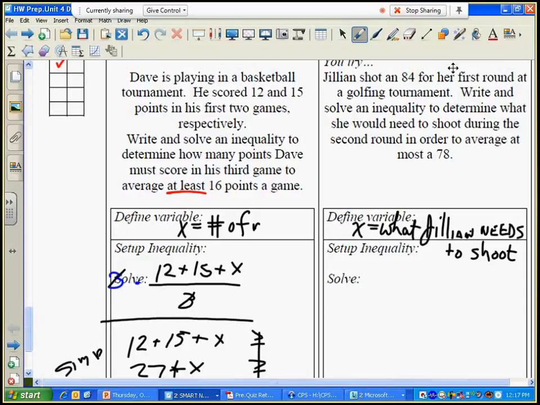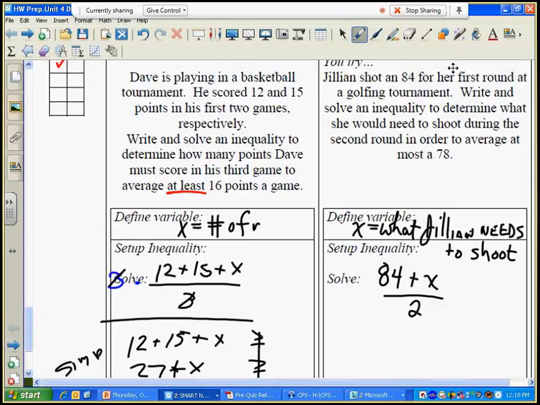Okay, to set up the inequality. Well here we're having two different rounds. So this is going to be an average that we'll add together and divide by 2. The first time she shot an 84. Okay, the second time she's going to shoot x, whatever that is. We'll divide it by 2 to get the average, and then it needs to be at most a 78.